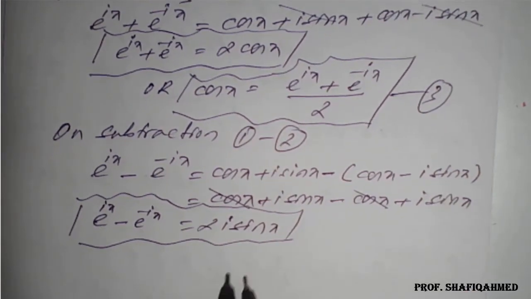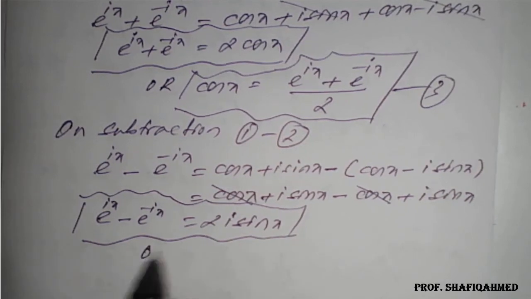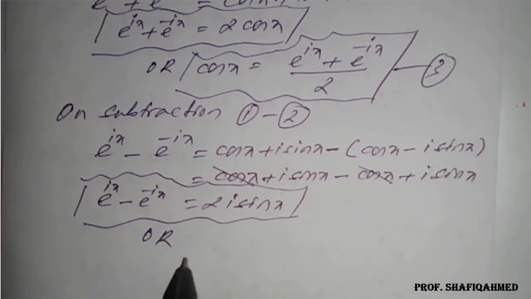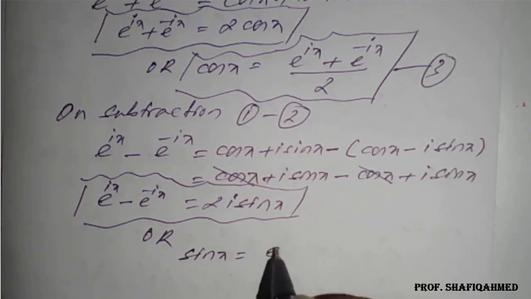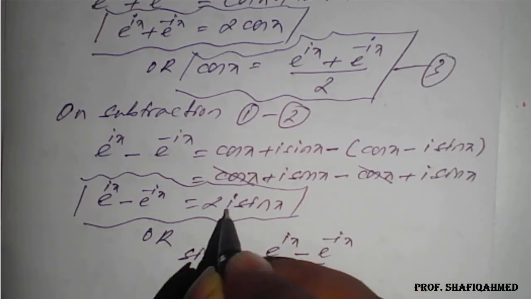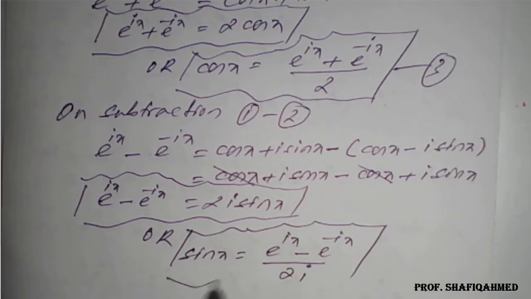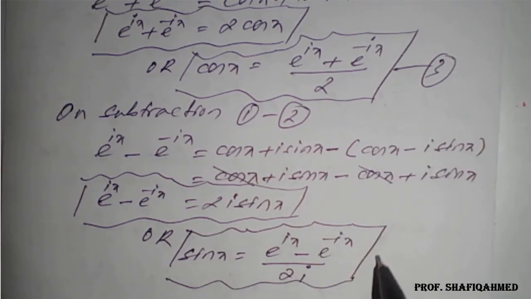Or we can make it as sine of x is nothing but e raised to ix minus e raised to minus ix divided by 2i. You cross multiply this, it is 2i. So sin x formula and cos x formula, result number 3, result number 4.